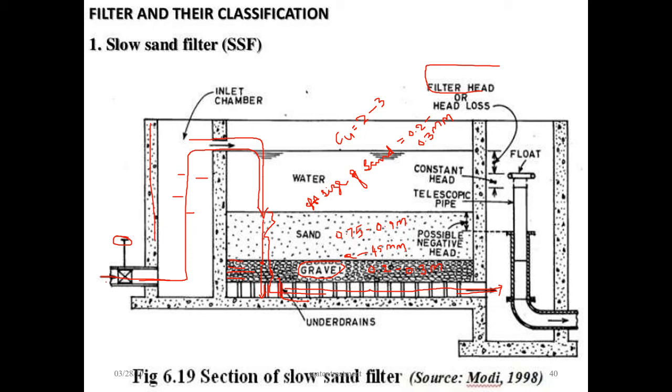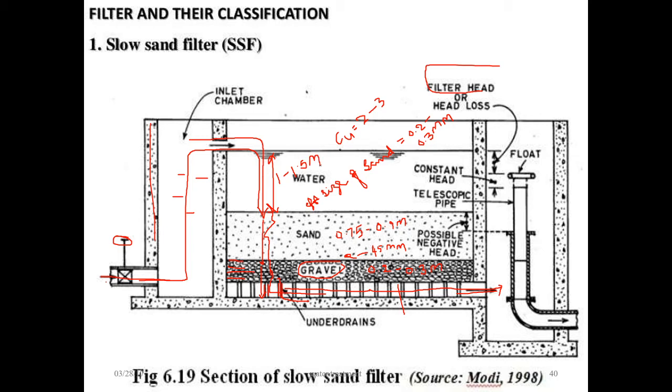In filter operation, it is filled with water to a depth of 1 to 1.5 meters above the sand bed. From here to here, 1 to 1.5 meters, you have to fill the water.